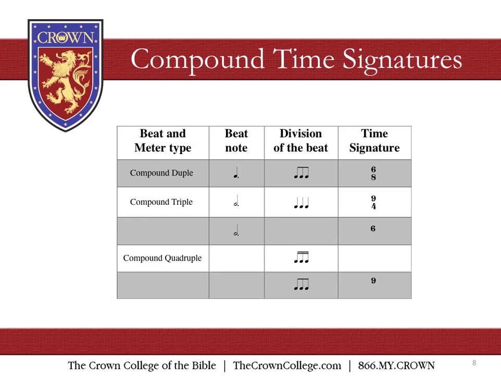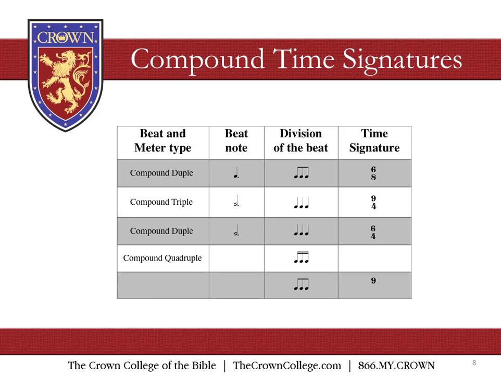This is a compound duple time signature. Now we're given our beat note, a dotted half note, and when we divide that by 3, what do we get? We get 3 equal quarter notes. Now that we have the division of the beat, we can determine the bottom number of our time signature. Our division of the beat is a quarter note. The bottom of our time signature is 4 to represent that quarter note.